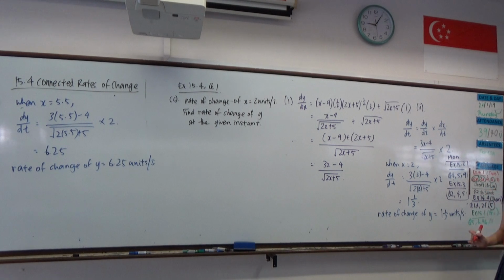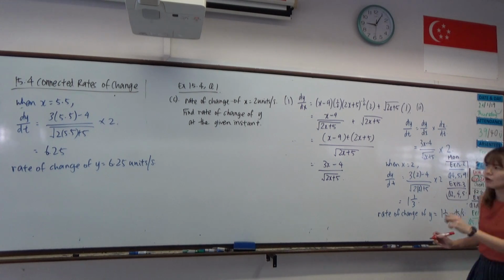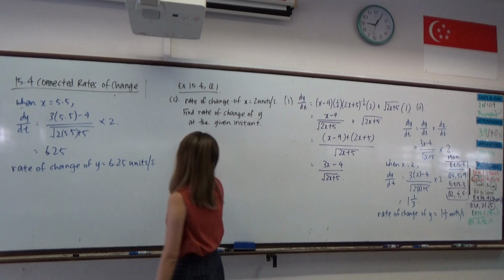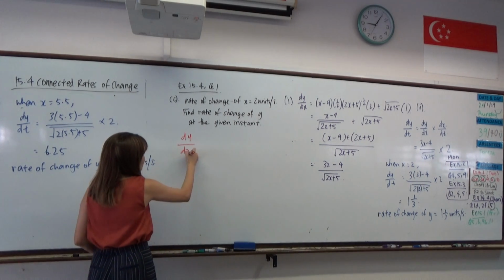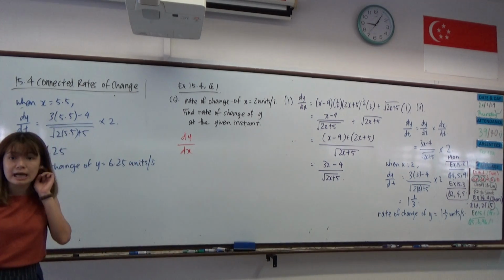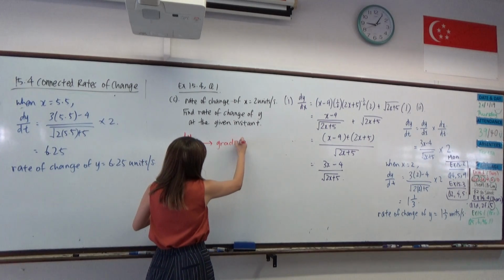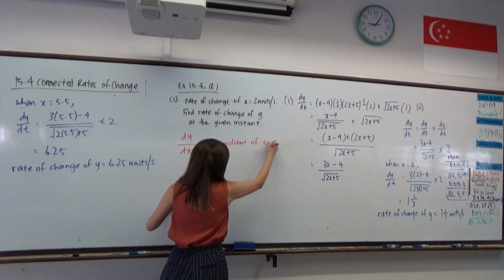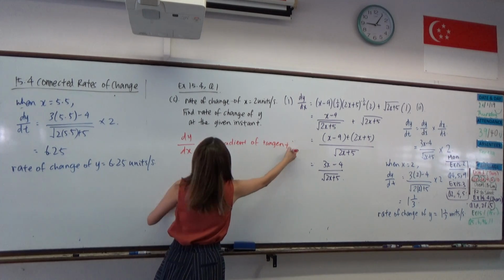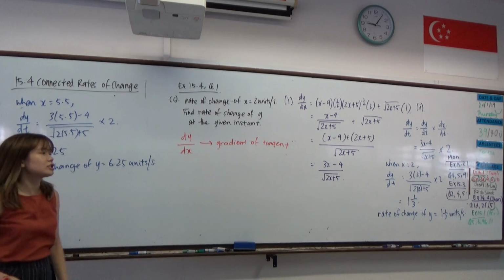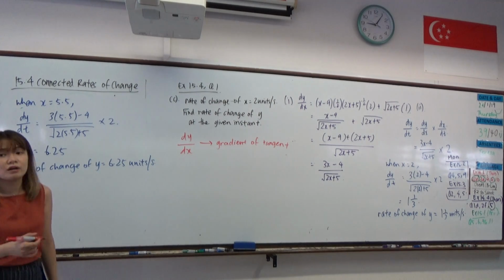Okay, maybe because I did not mention this before, right? The idea of dy over dx, we have previously understood that dy over dx refers to the gradient of the tangent, right? I'm saying this regardless of the question. dy over dx is the gradient of the tangent.